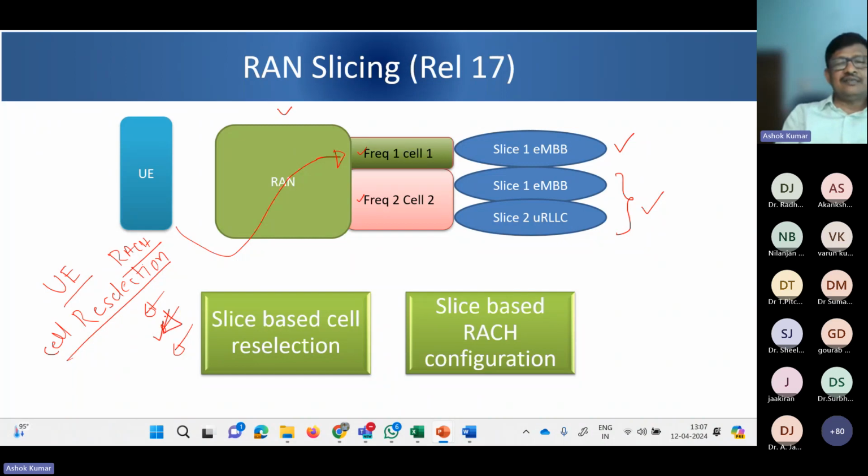Since there is now the concept of RAN-based slicing, it also looks for a particular RAN where all slices are supported, right? So the slice-based cell reselection concept comes into the picture. Slice-based RACH configuration and slice-based cell reselection come when we have a slicing environment in our network. That is one.